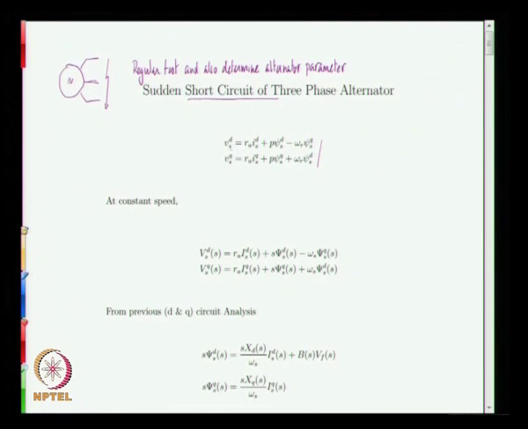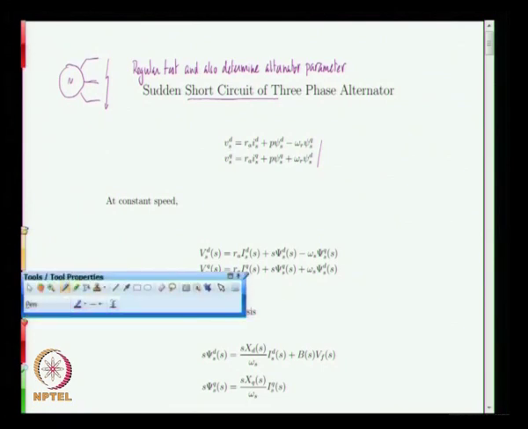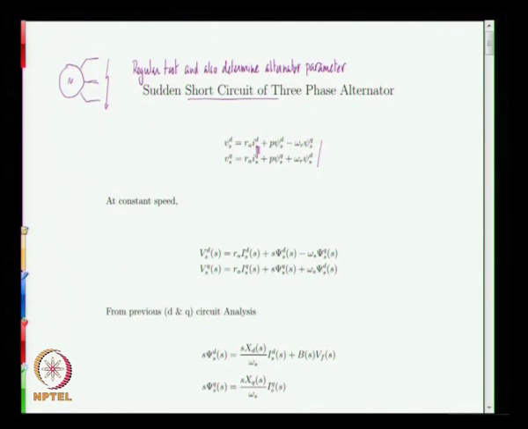So VDS is RA into IDS plus the derivative of the direct axis flux linkage minus speed into the flux linkage along the q axis, whereas for the q axis the equation says RA into IQ plus the derivative of flux linkage along the q axis plus speed multiplied by the flux linkage on the direct axis.